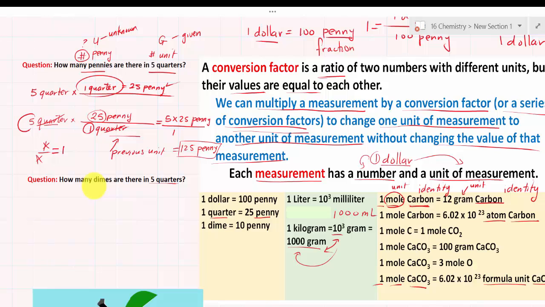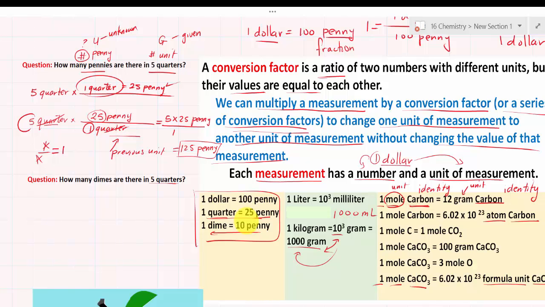We don't have a conversion factor right here that relates quarter and dimes, but we have two conversion factors that relate quarter and dime. This one has quarter and penny, and then we have penny to dime. So by using penny in the middle, we can now convert from quarter to dime.